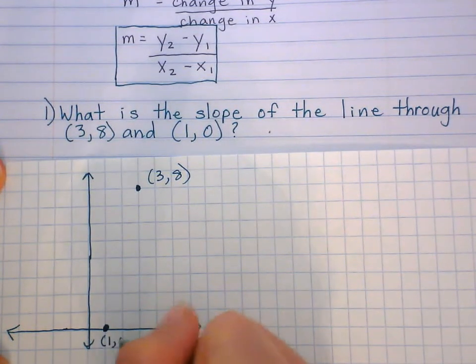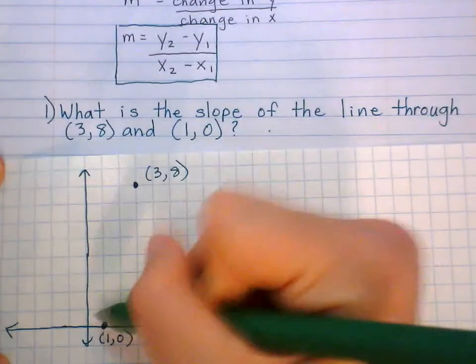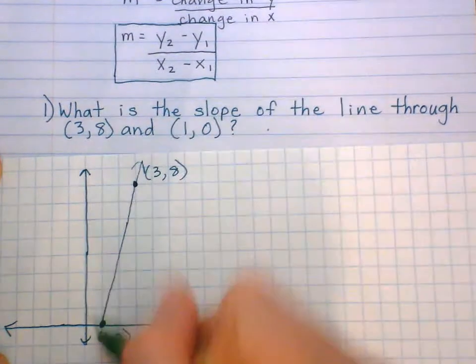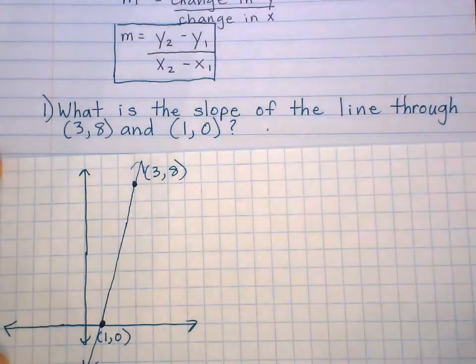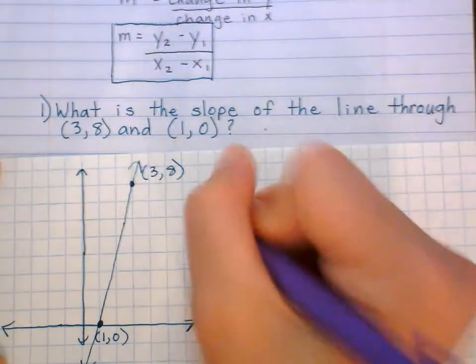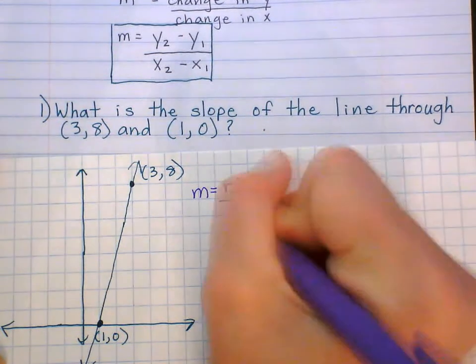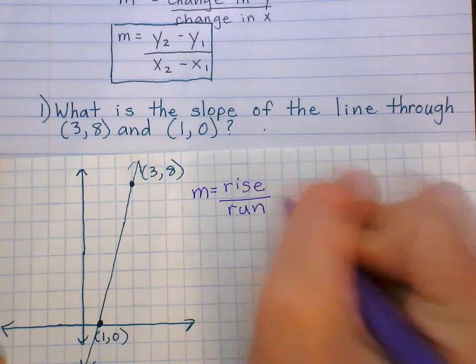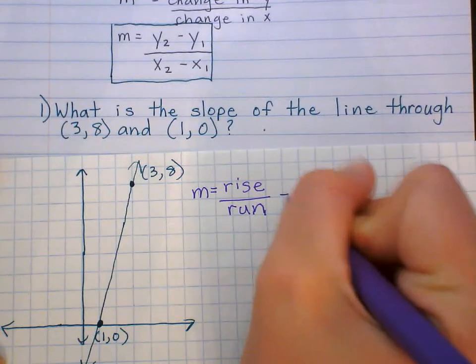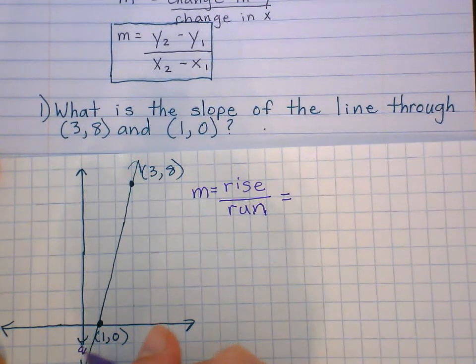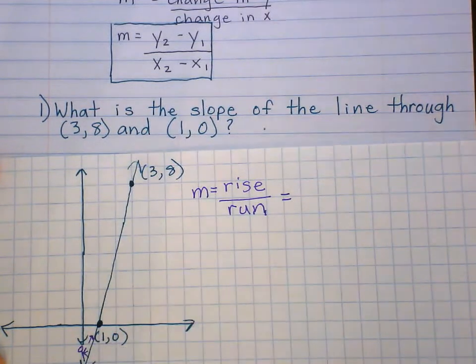Connect the dots, make your line. And then you could say, okay, I know slope is rise over run, and I know that we read the graph from left to right. So if I'm running up it, it's going to be a positive slope.